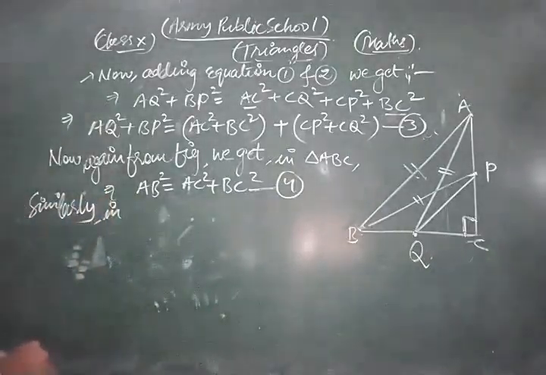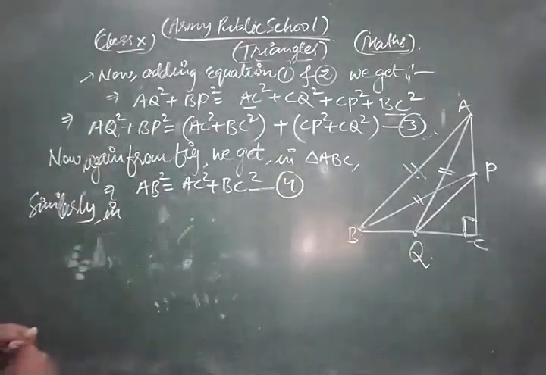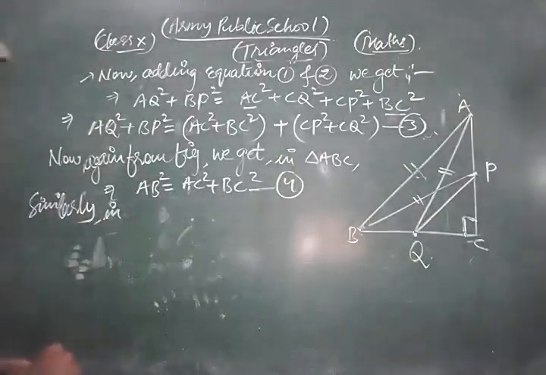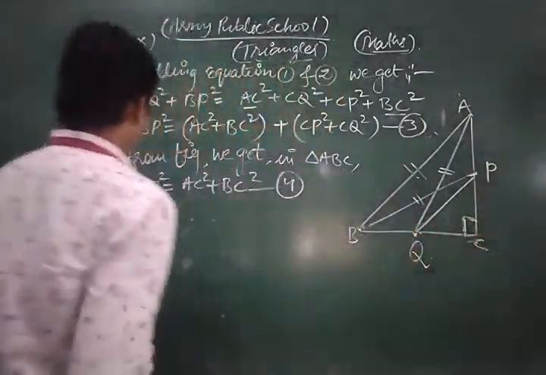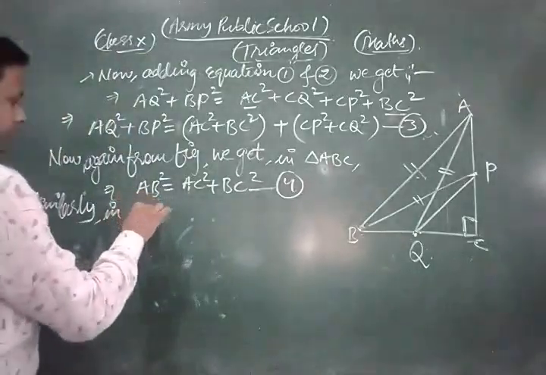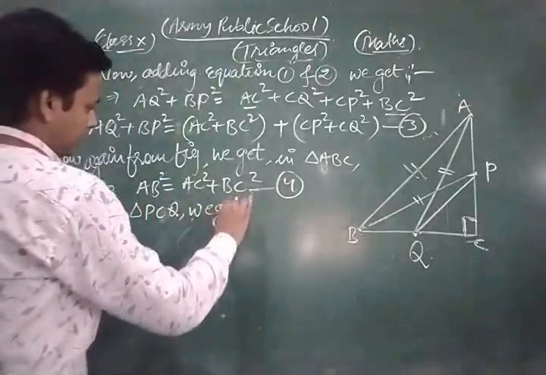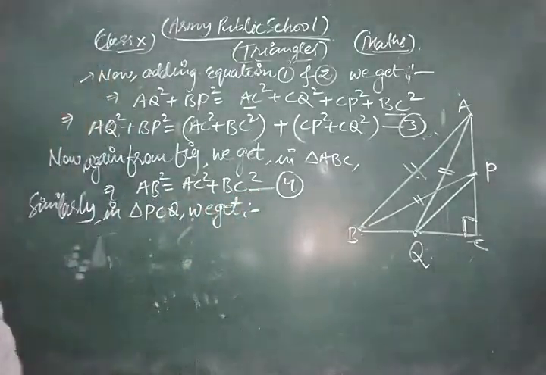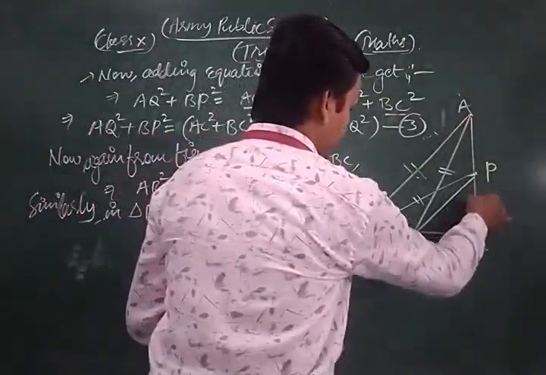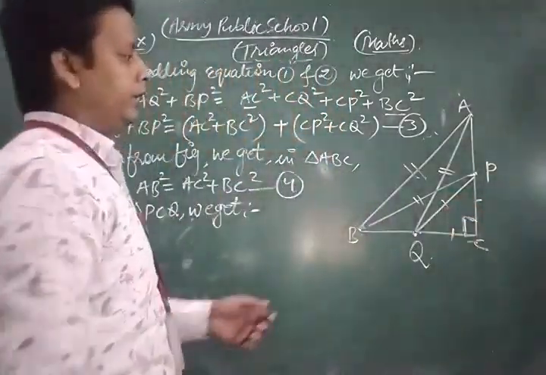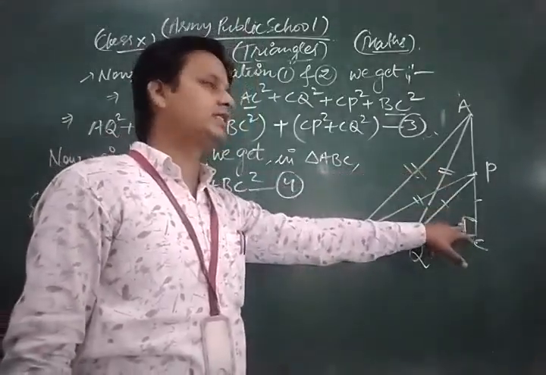Similarly, look, in triangle PCQ, PQ is your hypotenuse, because this angle C is 90 degrees.